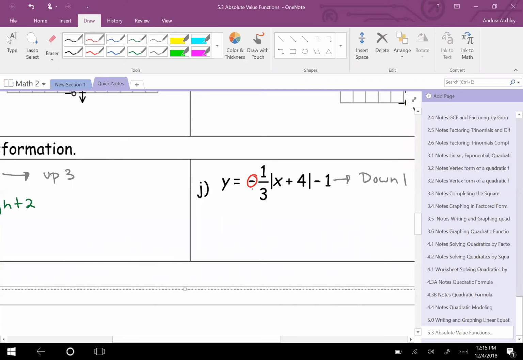It's negative, so it reflects across the x-axis. Blake, did you notice anything? Vertical shrink. It's a shrink. The A value is a fraction in between 0 and 1, so it's a vertical shrink.